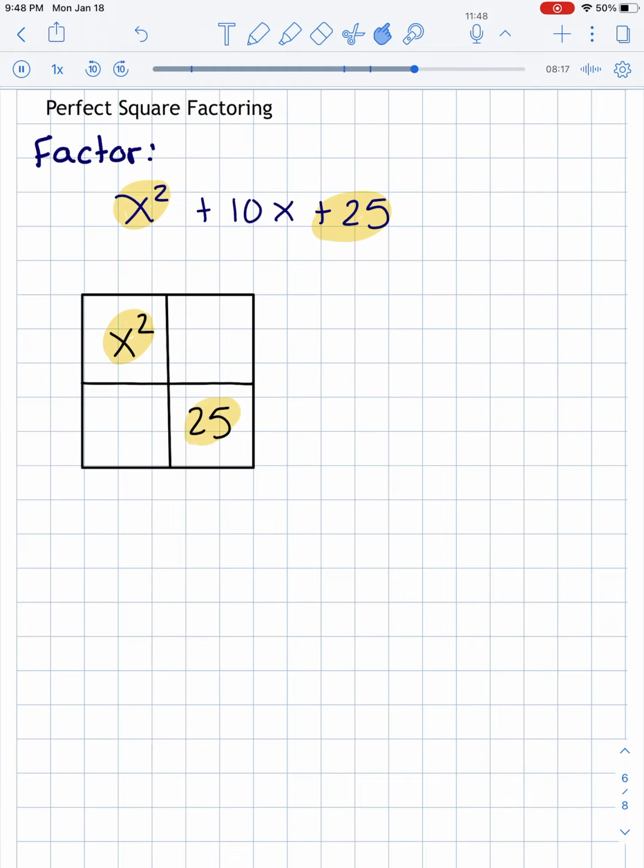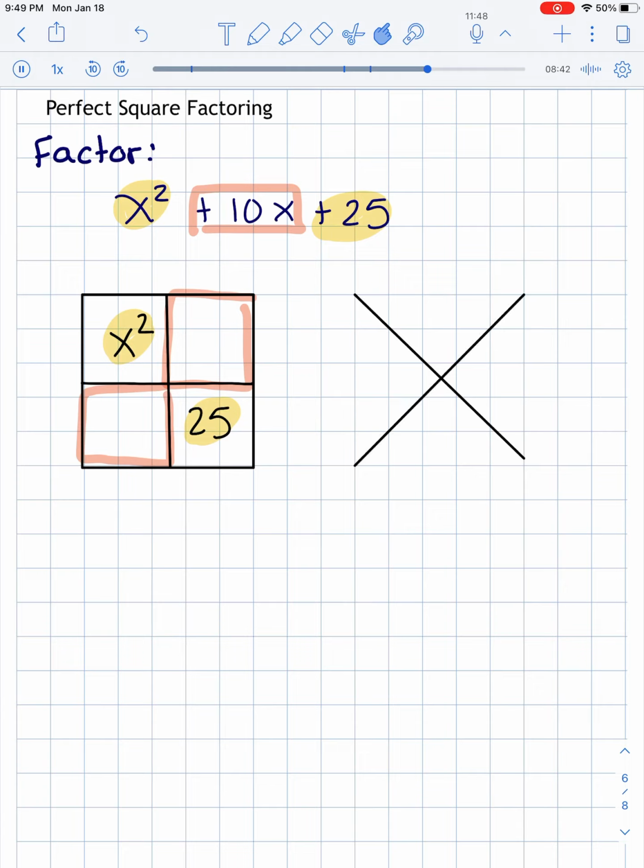Now, with that being given to me, I know that my middle two boxes, or my two diagonal boxes, need to add up to give me a sum equal to 10x. So I'm going to come over to my right-hand side. I'm going to make my diamond problem.